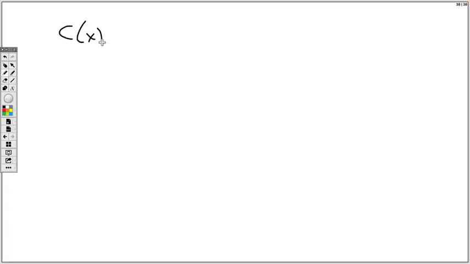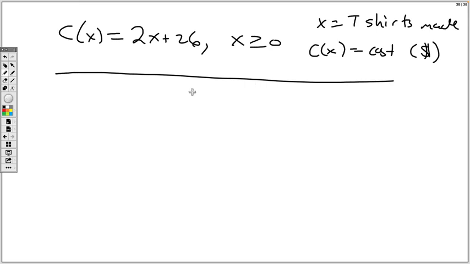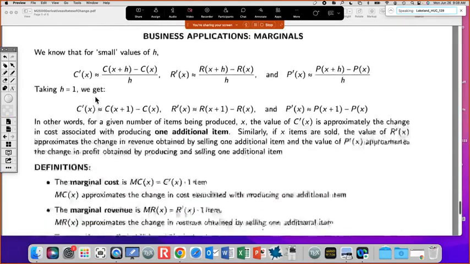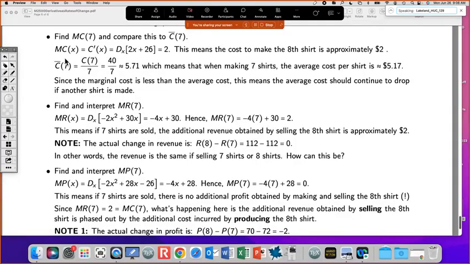C of x is 2x plus 26, for x bigger than or equal to 0. x is the number of t-shirts you make, and C of x is your cost measured in dollars. The first thing we want to talk about in this scenario is to find MC of 7 and compare this to C bar of 7.